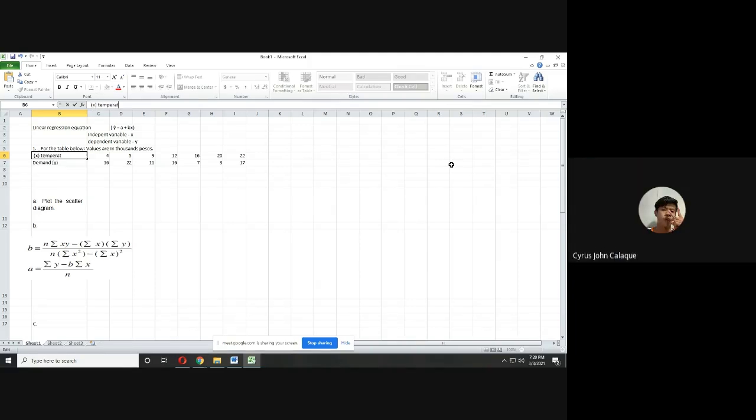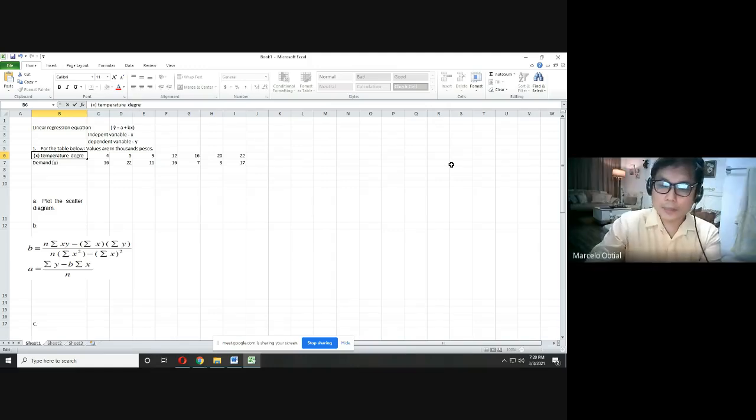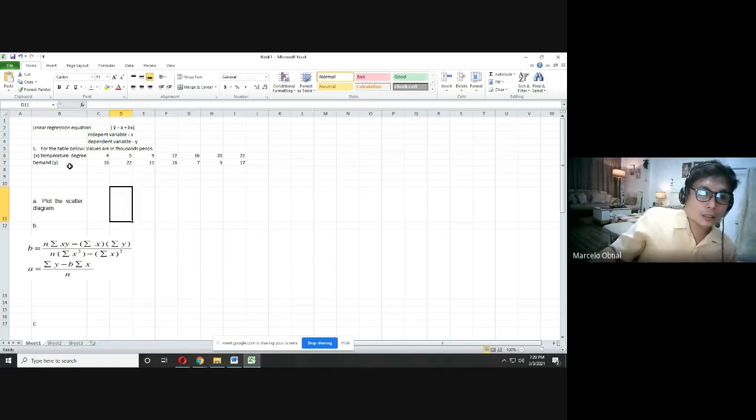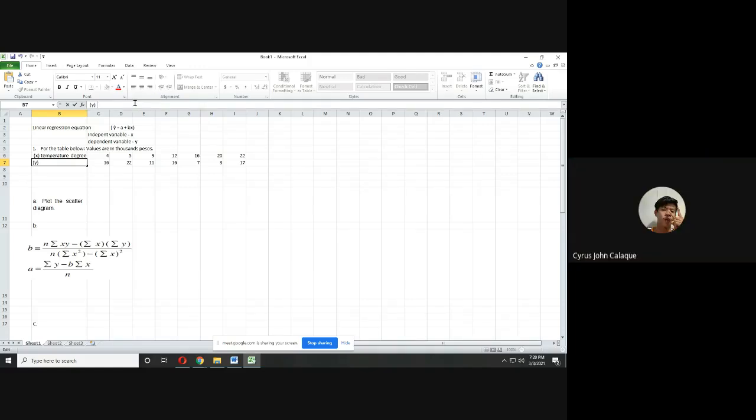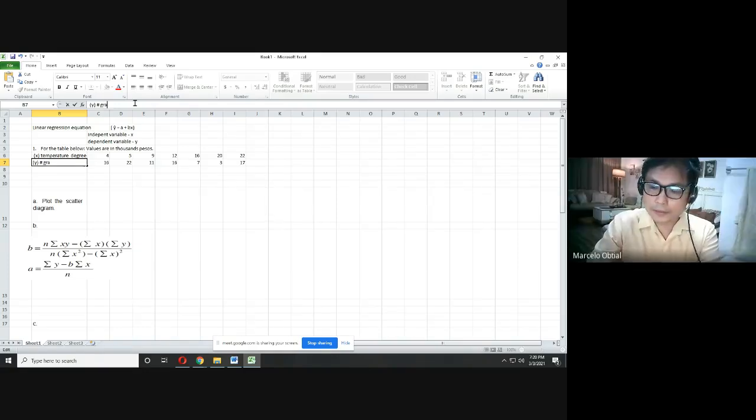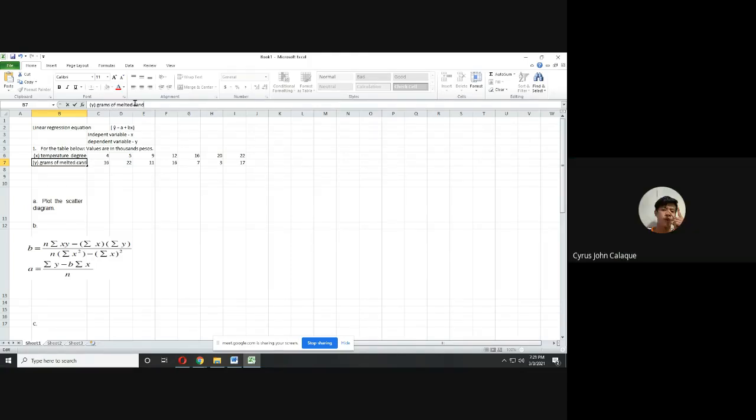Temperature in degrees Celsius, para mas maintindihan ng lahat, para makarelate lahat. And it follows your dependent variable is the number of grams of melted candle.